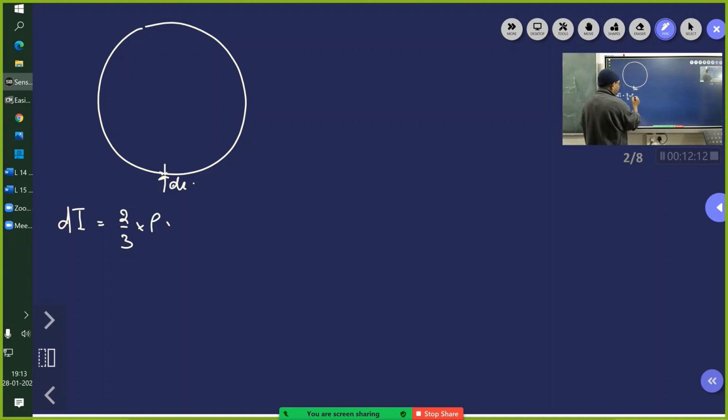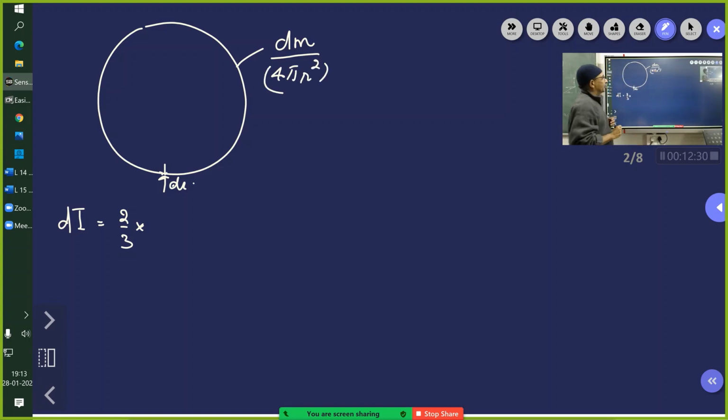If I take the mass of this as dm, then dm divided by 4 pi r square.